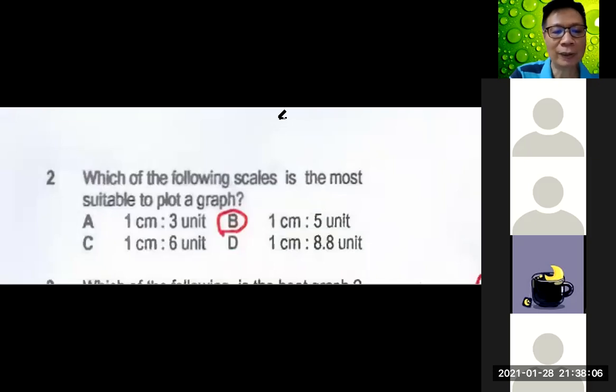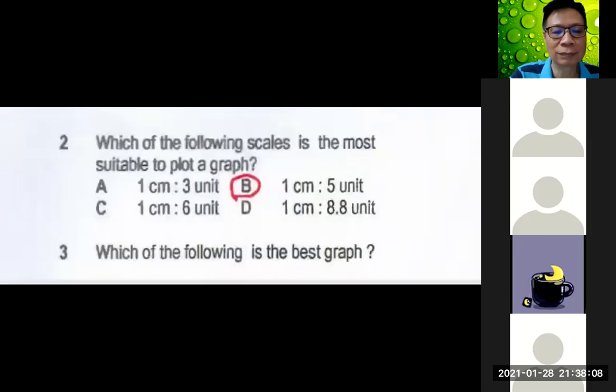Next, which of the following is the best graph? Answer, please. So many people type. Okay, can you write the number now? Number 3, you type 3, then put the answer, because I don't know which question you are answering, 3A, 3B.